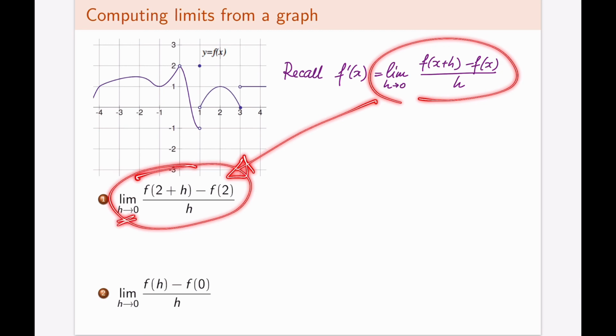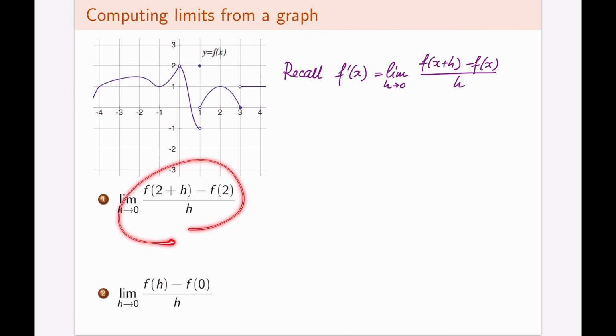I can see that what's in the limit is identical. I can see these h's here are replicated by these h's here. This is quite literally a matching game. And the only thing that is different is that in my expression here, I have x's, and in my expression here, I have 2's, which means that this is just a derivative at 2, not at x, but at a very specific value for x, which is 2.